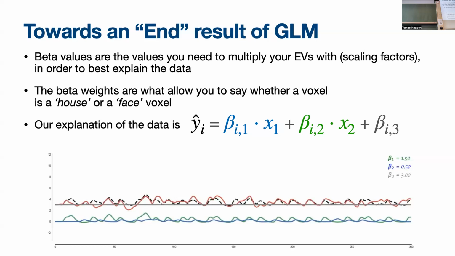The models only use what you know about the experiment, when things happened, and the shape of the hemodynamic response function. That's what you use to create these predictors. It's important also to realize that this is identical for all voxels throughout the brain. They are independent from the voxels.